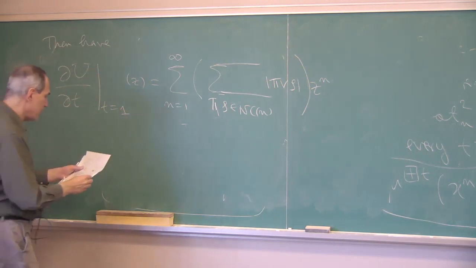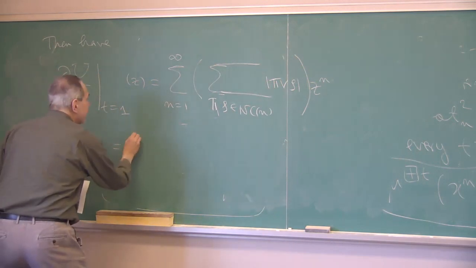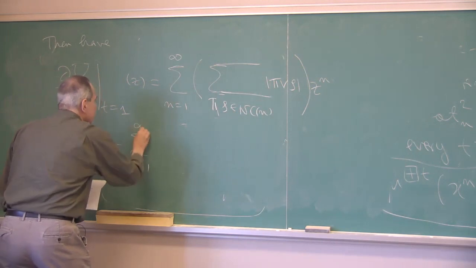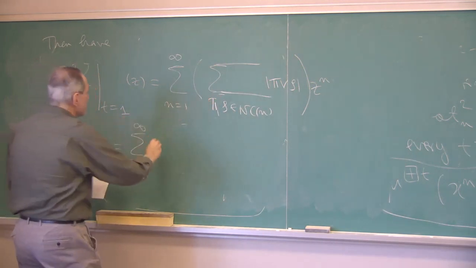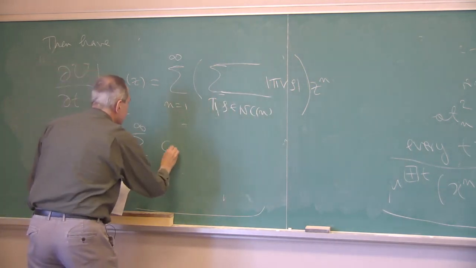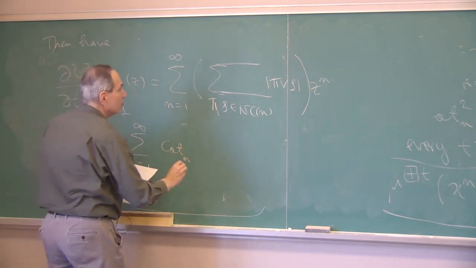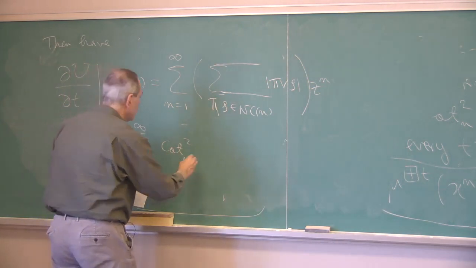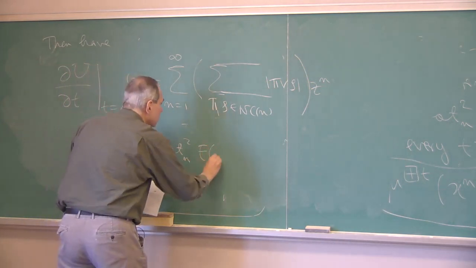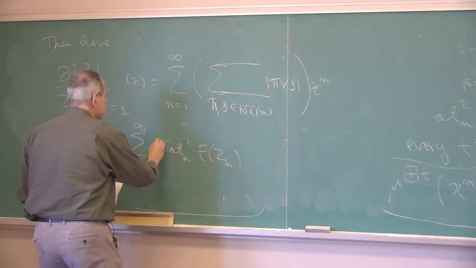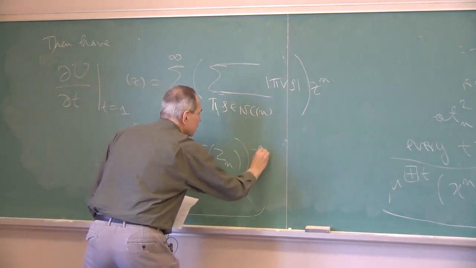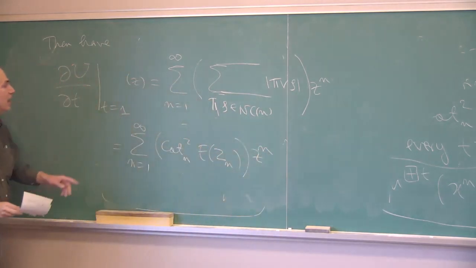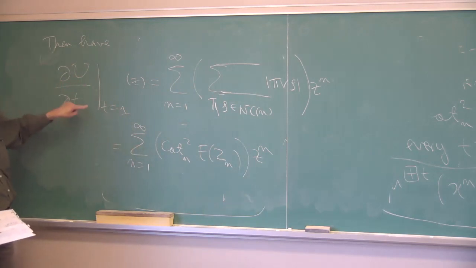Which actually I can identify here. This one, modulo the normalization by the Catalan number squared, is the expectation of my Zn. Good, so I am getting something.